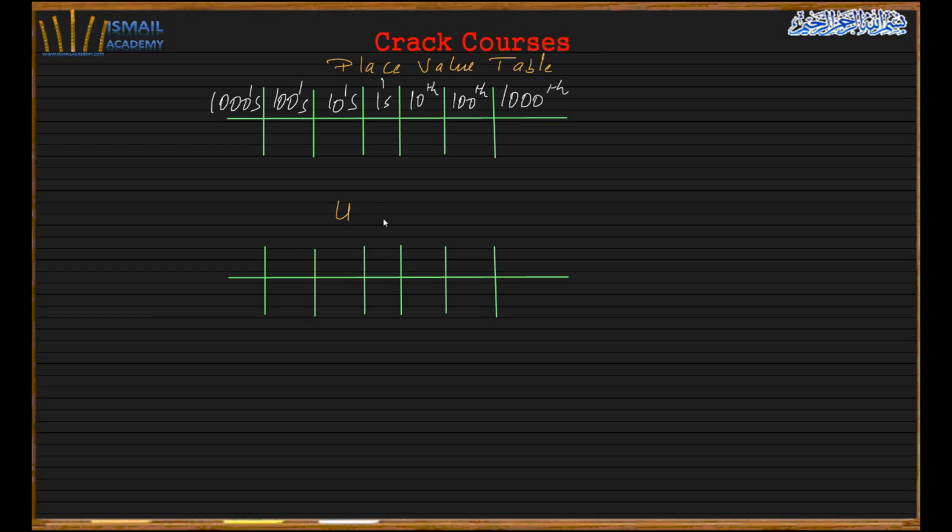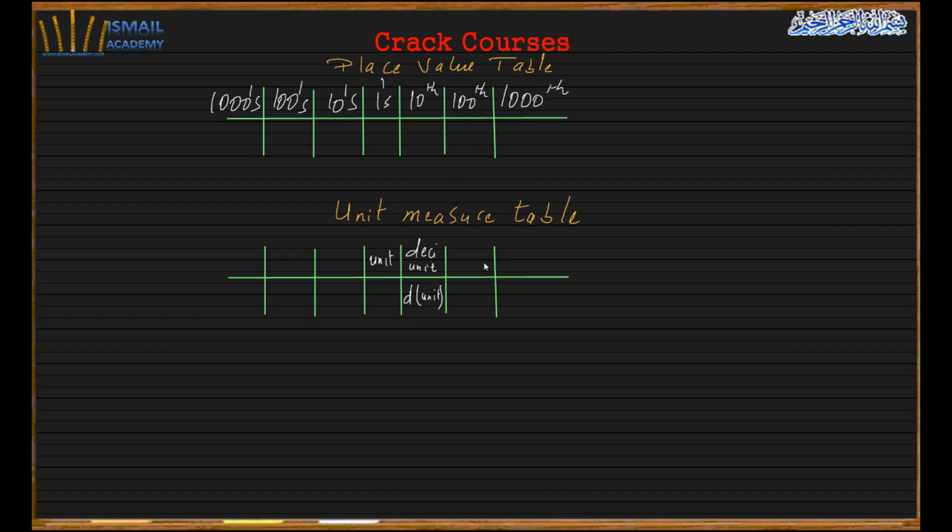Here this is the unit measure table, which is different. The ones we call unit. The tenth we call deci of the unit, and we write D, and you put whatever the unit is.